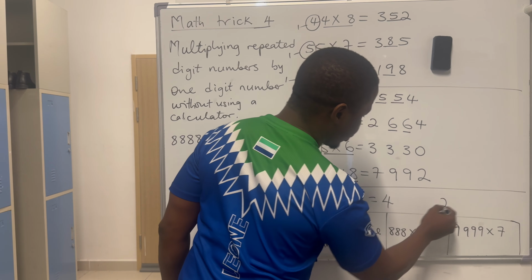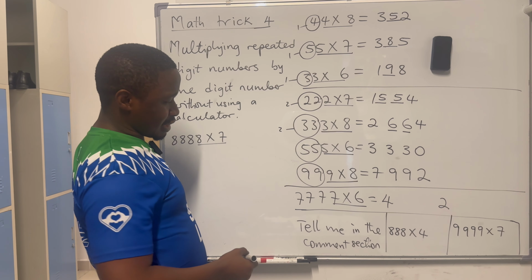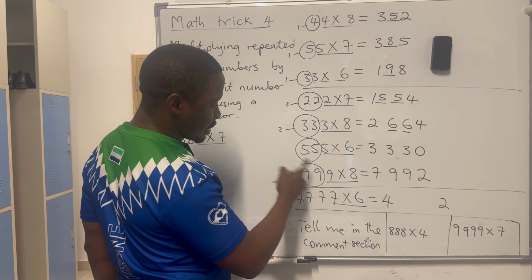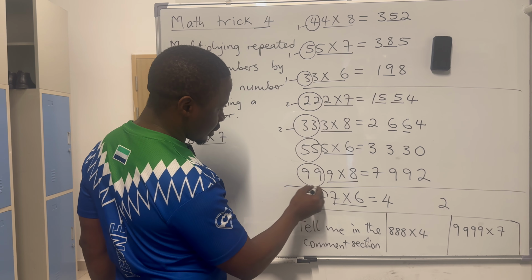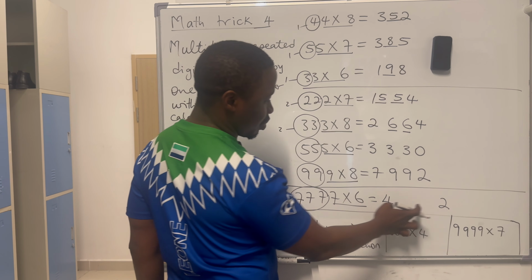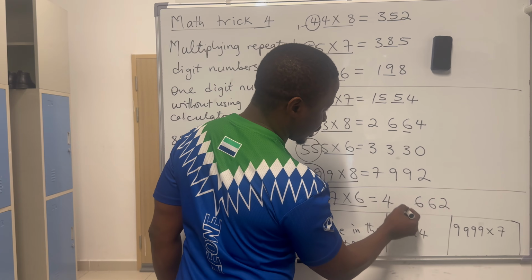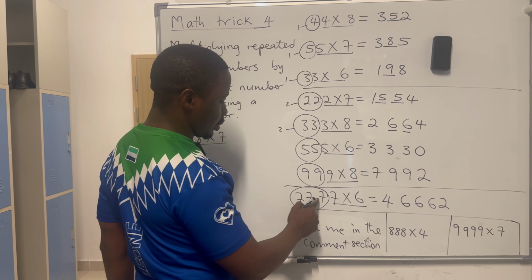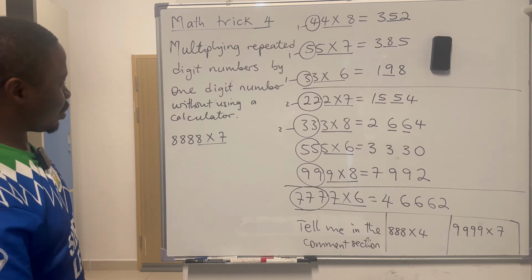Okay. So in that case, how many digits remaining? 3 digits. How do we get them? 4 plus 2 is 6. 6, 6, 6. Okay.